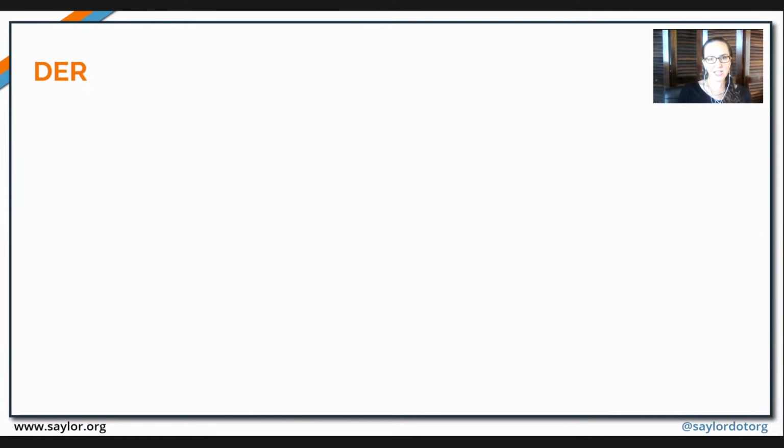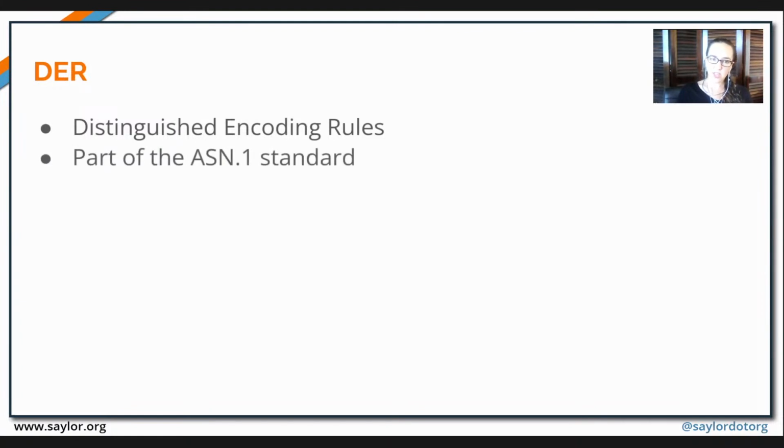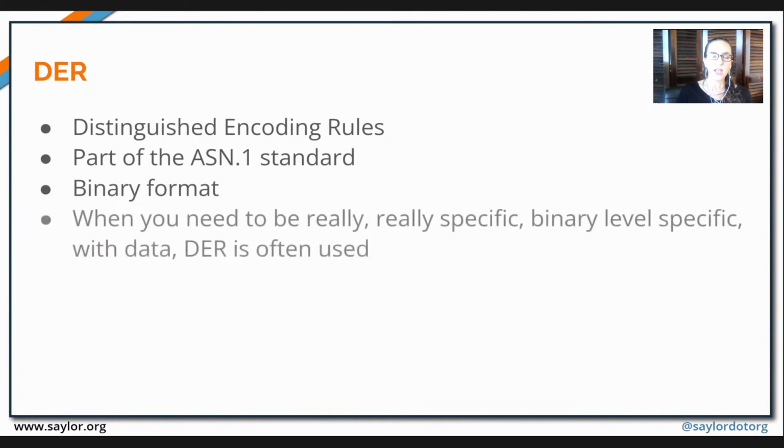All right, and DER. Let's roll right into DER. This is Distinguished Encoding Rules, and it is part of the ASN.1 standard. This is a binary format, so it's not human readable. We use this a lot because when you need to be really, really specific, binary-level specific with data, DER is often used.